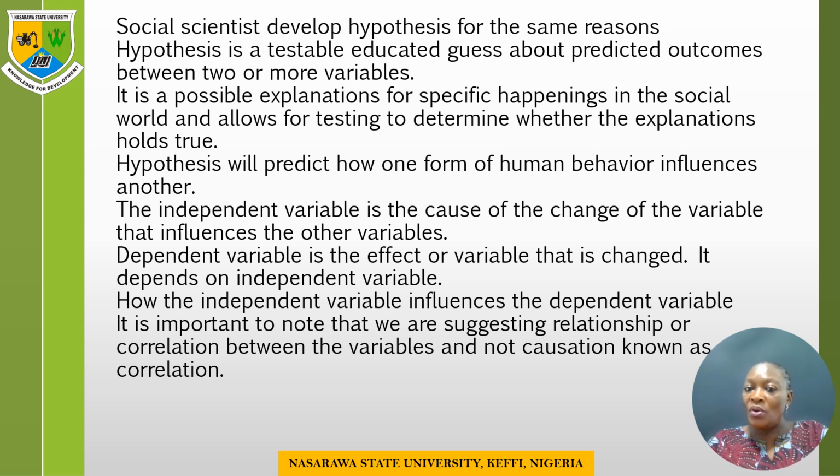A hypothesis is a testable, educated guess about a predicted outcome between two or more variables. I want to predict, I want to know what it's all about. It is a possible explanation for a specific happening in the social world, and allows for testing to determine whether the explanation holds true.